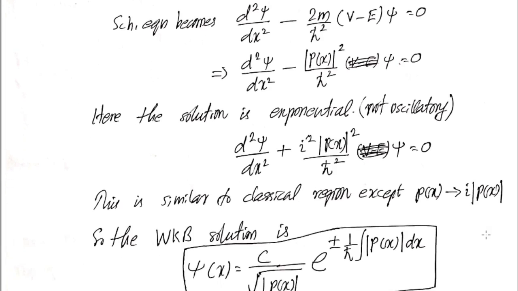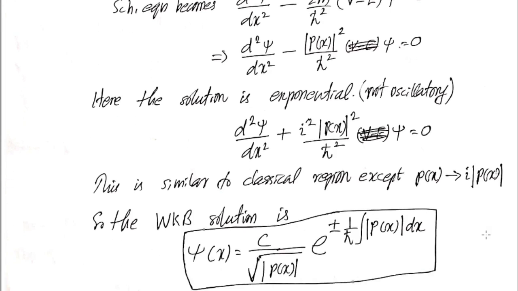So proceeding in the same manner, we get the WKB approximate solution, that is the WKB wave function in the non-classical region: ψ(x) = C/√|p(x)| e^(±(1/ħ)∫|p(x)|dx).